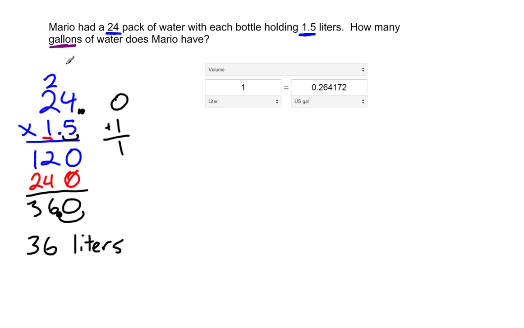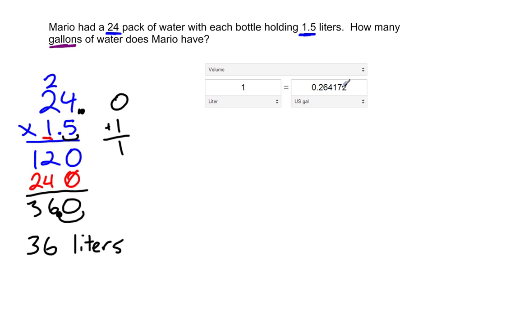I don't remember what conversion rate it gave on the paper, so we went with the actual, for real, that 1 liter is equal to 0.264172 United States gallons. And let's round this off. How many decimal places?